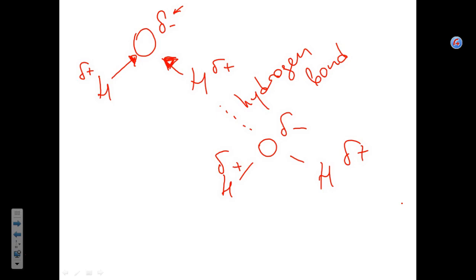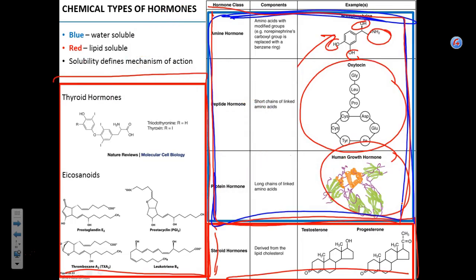So, going back to our hormones. These guys, proteins, peptides, have a lot in common. Proteins are composed of what? Amino acids, yeah. The difference between a peptide and a protein is that a peptide is a short chain and a protein is a really, really long chain.